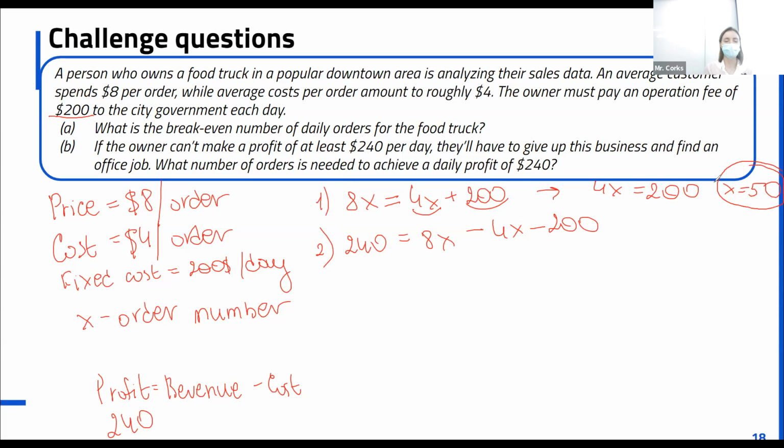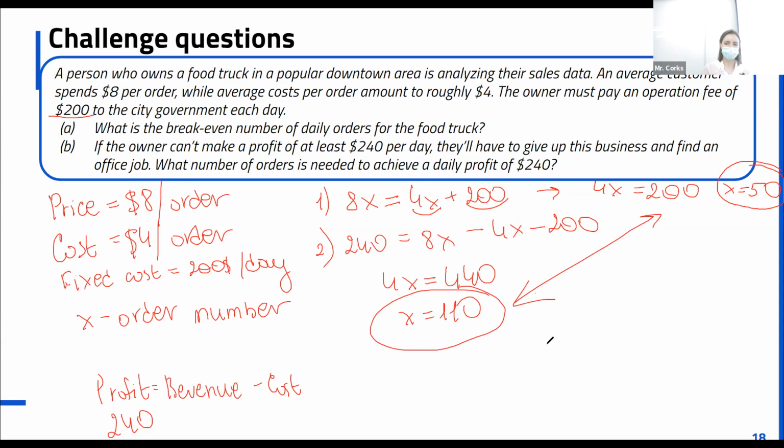And here we have 4x equals 440. So x equals 110. This is the amount of orders he needs to sell in order to make $240 of profit. So you can see it's a huge difference, like 2 times difference between the break-even point and $240 of profit.